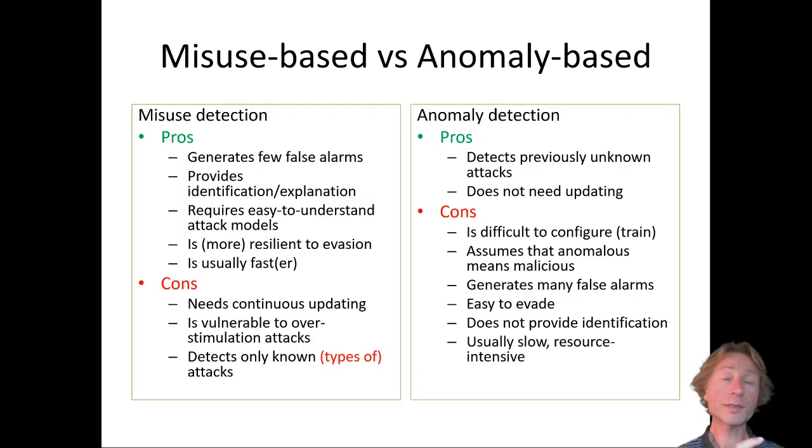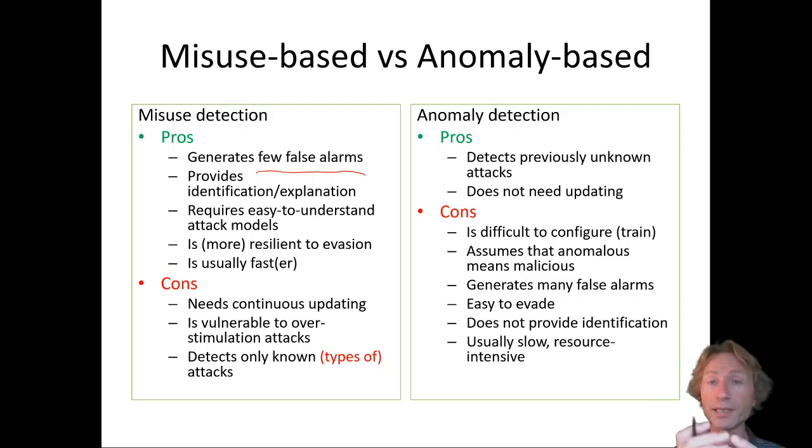So as promised, let's go back to this misuse-based versus anomaly-based intrusion detection. If we're talking about misuse-based, we have some major advantages. For instance, since we know exactly what we're looking for, we know exactly what an intrusion or attack looks like, the pattern that goes with it, we generate very few false alarms.